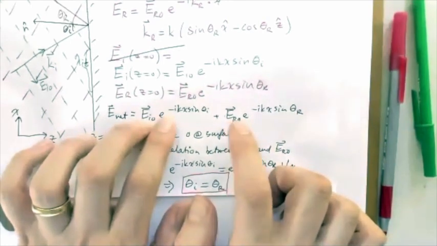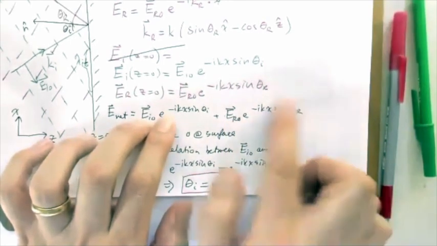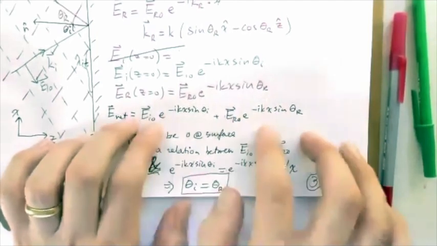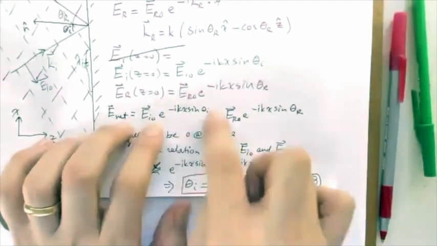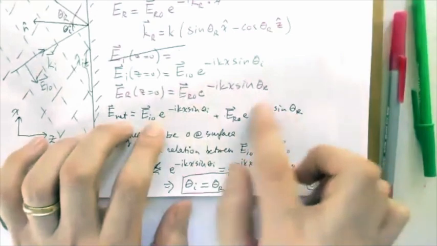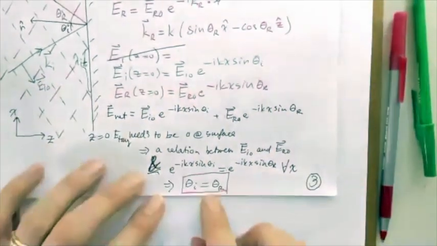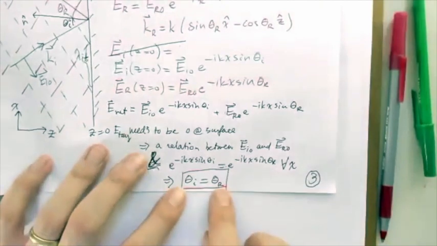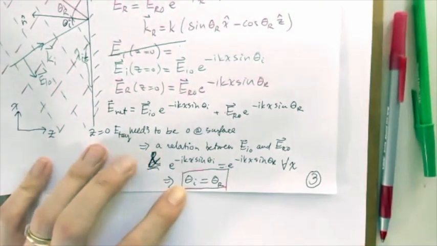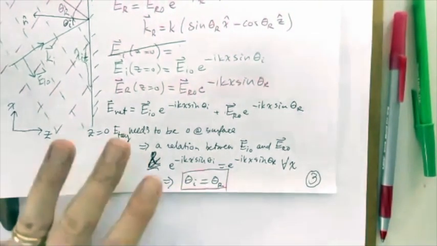And here, something with an x and a z component multiplied by this exponent. And if you factor out the x components, you'll have an exponent for one part and an exponent for the other part. And they need to be the same for all x's. And because it is for all x's, that means that these angles need to be the same. So hope that you follow that along.